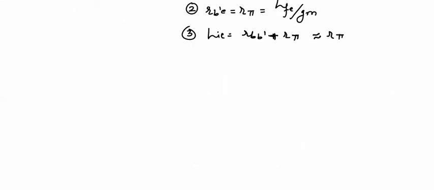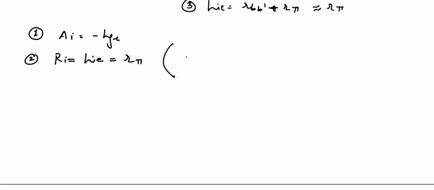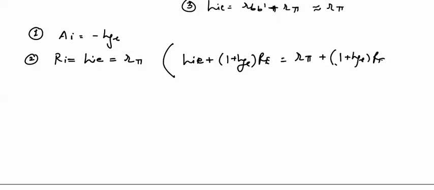So now if the parameters of this high frequency model are given, first we can calculate the current gain AI as minus HFE. Second, input impedance Ri equal to HIE, and it will be equal to R pi. It will be HIE plus 1 plus HFE into RE, equal to R pi plus 1 plus HFE into RE, in case of unbypassed RE.